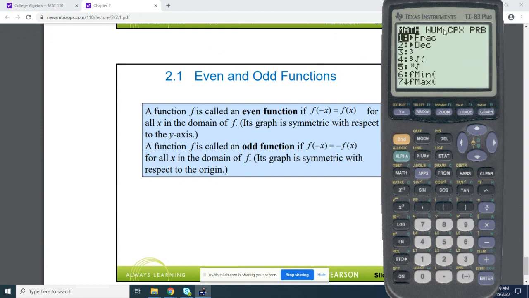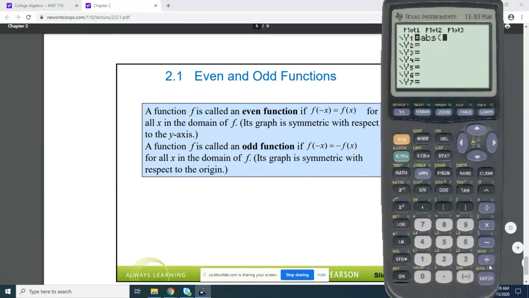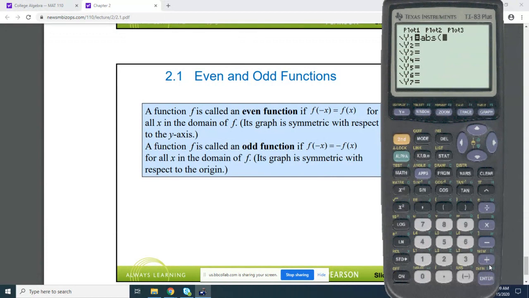I'm going to scroll over to number, and ABS is the absolute value function. Notice on my calculator, it's not going to actually give me the vertical bars, it gives me a parenthesis. But I want to put in my absolute value variable, which is x. I want to make sure I close it off, right? So this is similar to a vertical bar. And if we graph, we should have a V-shaped graph.